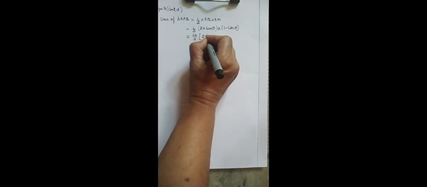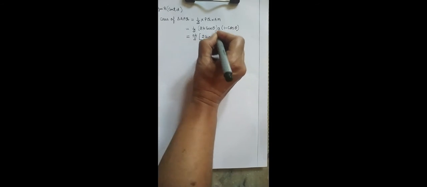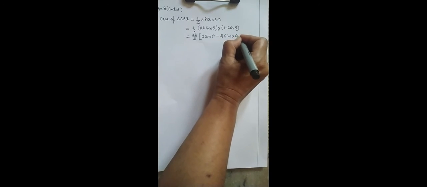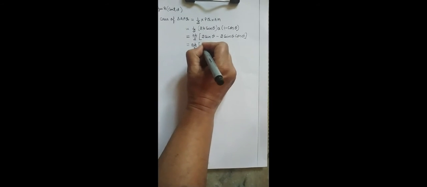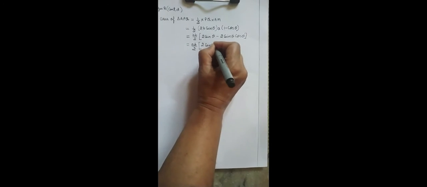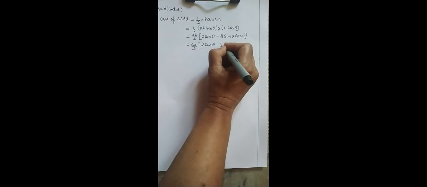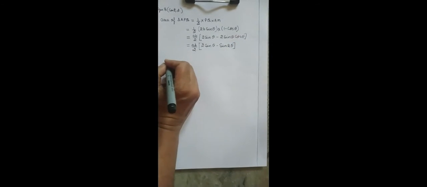So it is 2 sin theta minus 2 sin theta cos theta, which will be equal to ab upon 2 into 2 sin theta minus, now applying the formula of sin 2 theta. Sin 2 theta is always equal to 2 sin theta cos theta. So this is sin 2 theta. So this is my area of the triangle, and clearly it is a function of theta.